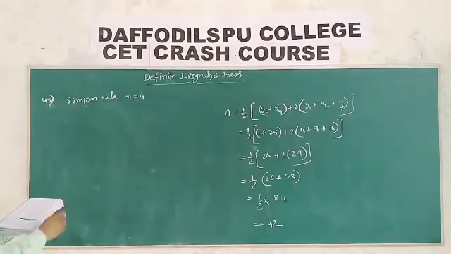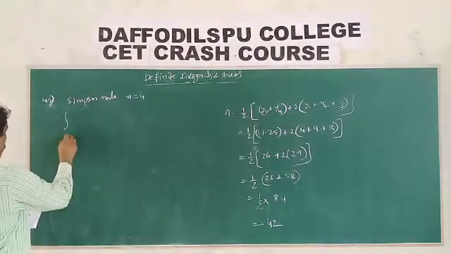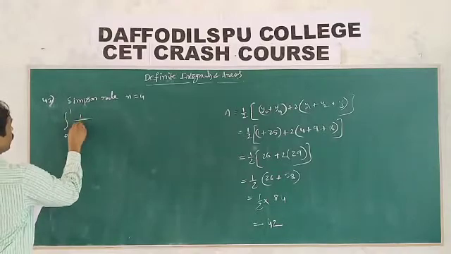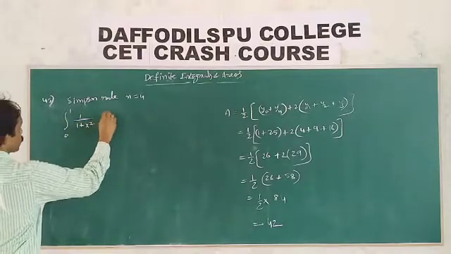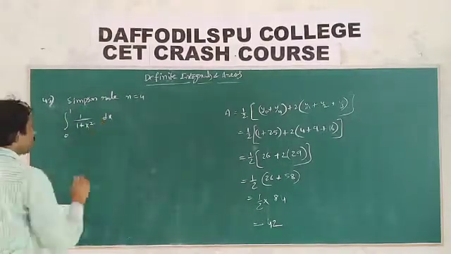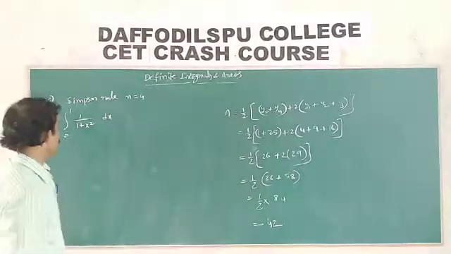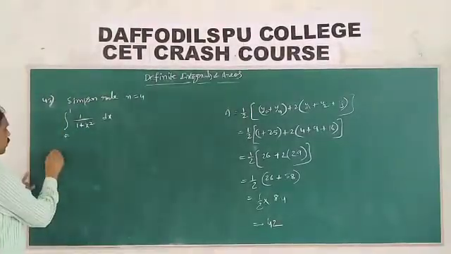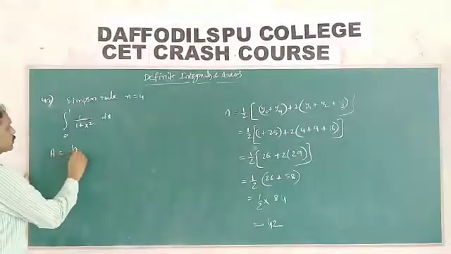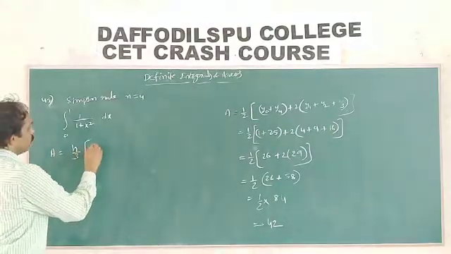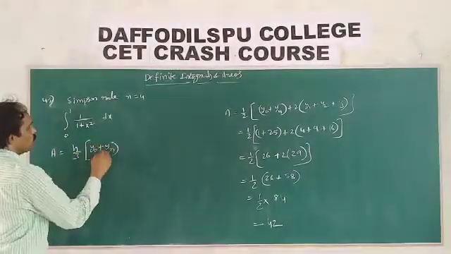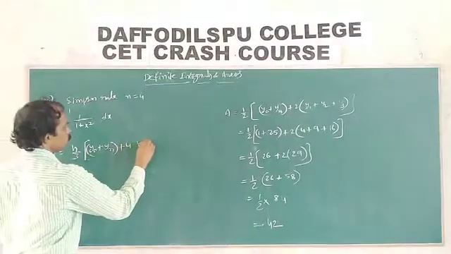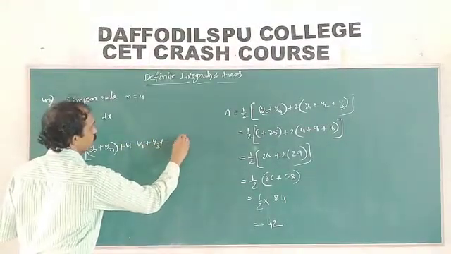The value of the integral from 0 to 1 of 1 by 1 plus x squared dx is equal to. Okay, right. This one area is equal to Simpson's formula, h by 3 times y naught plus yn plus 4 times y1 plus y3 and so on.